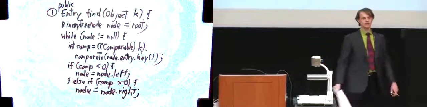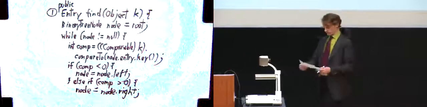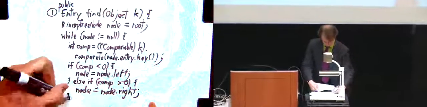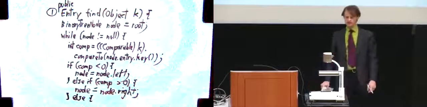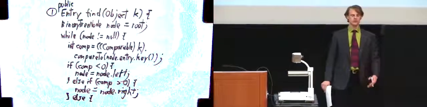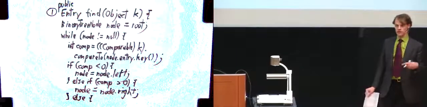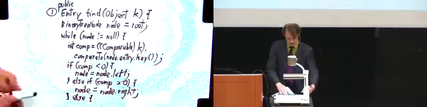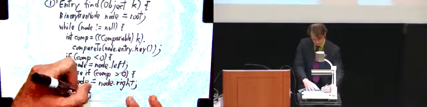And if k is bigger than what's in this node, then we search down to the right. But if neither of those two things happens, that means the compareTo function returns 0, which means the key we're looking for is the same as the key stored in this node. So in that case, we declare victory and we return the contents of the node.